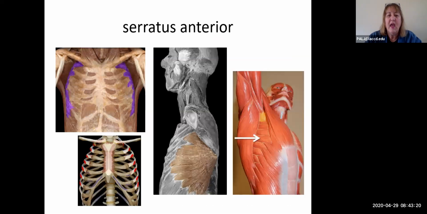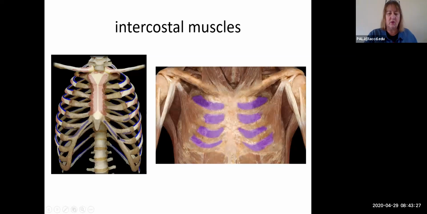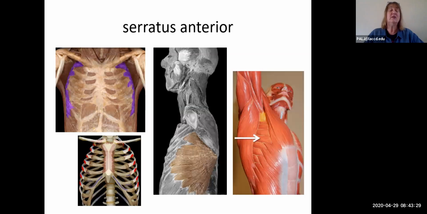Continuing on, now we have muscles that come off a little bit more laterally, so not so central, but still on the anterior surface of the ribs. And this is ribs 1 through 8, okay? So coming from a lot of the ribs.